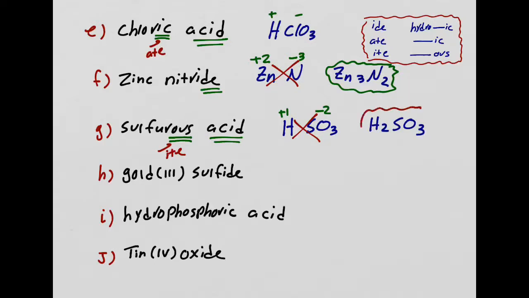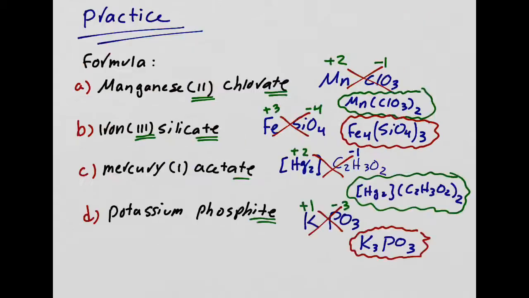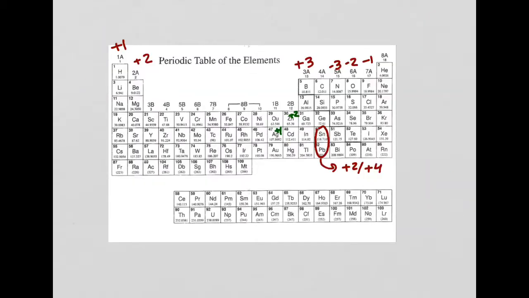That is my acid, sulfurous acid. Not bad, right? Let me bring up the periodic table one more time. Just remember, hydrogen is right here, it has a +1 charge, okay?